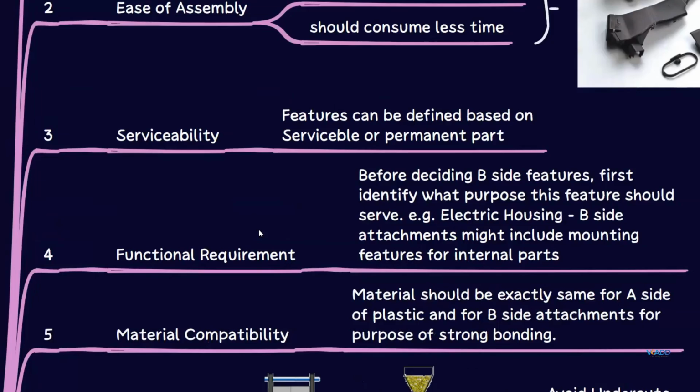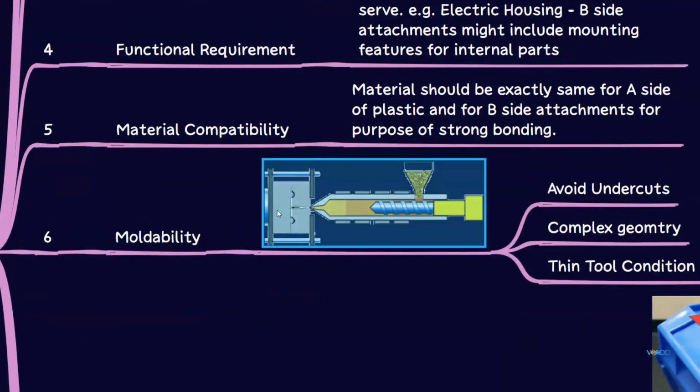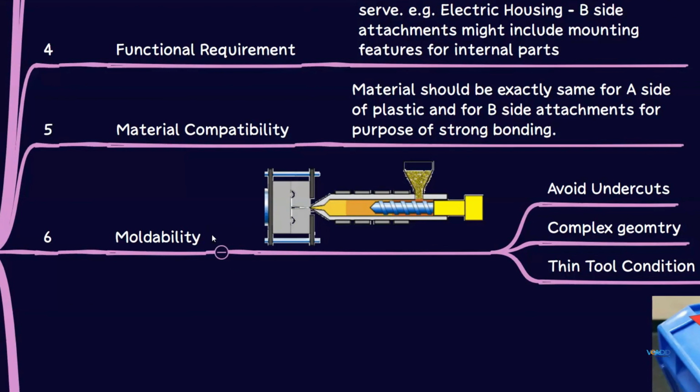Then consider the functional requirement of that part, and based on that choose your attachment. Then check the material compatibility. If you are choosing a rigid material for the snap, the snap should be flexible, right? If your material is rigid, then it will break. So you have to consider the material and the feature together.